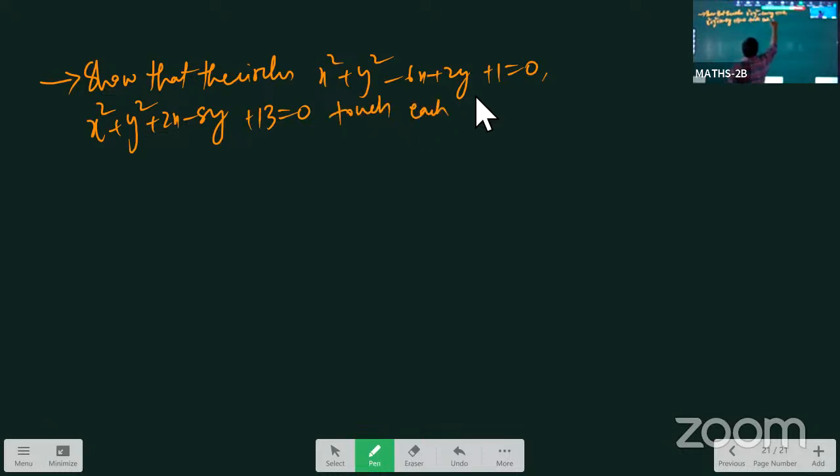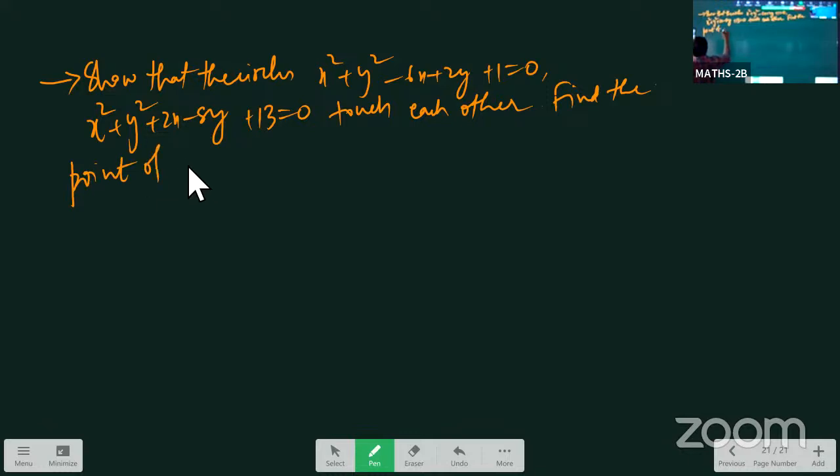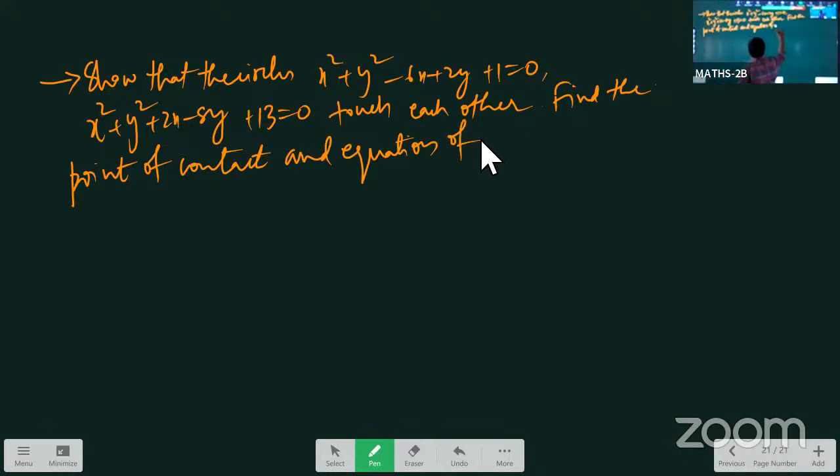Then find the point of contact and equation of common tangent. This is a question.